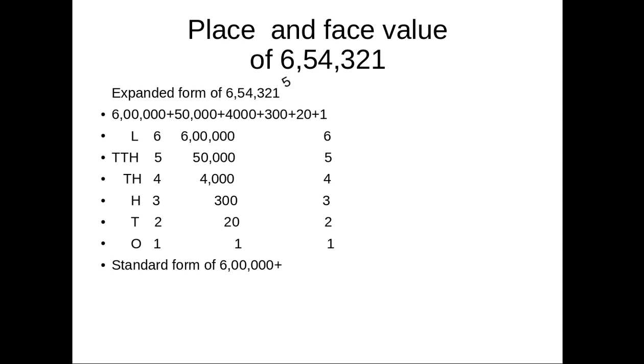First we add 6 lakh plus 50,000 plus 4,000 plus 300 plus 20 plus 1. Then it is written in standard form as 6,54,321. Let us see next.